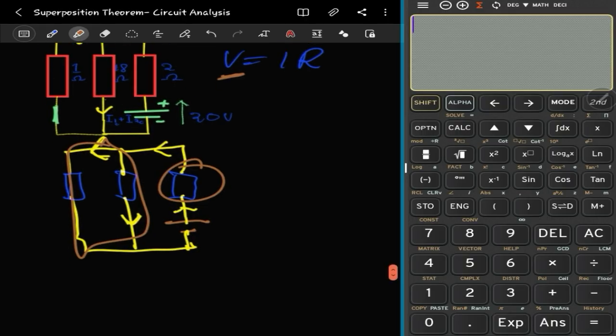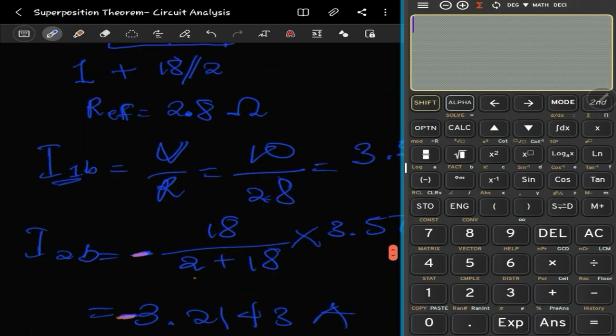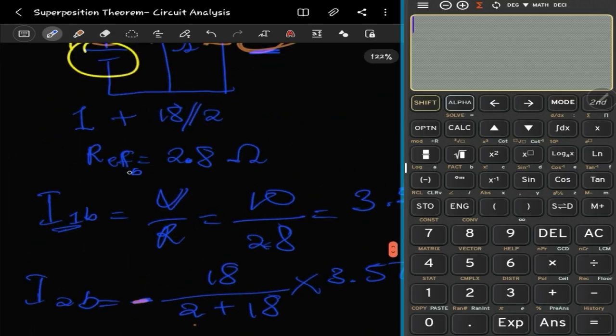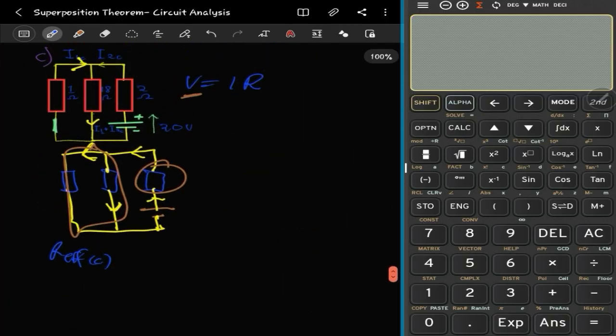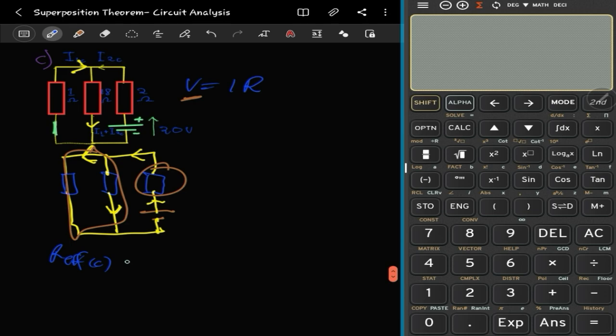Okay. So what this will mean is that effective resistance. Let me qualify this in C. So this one right here should have been effective resistance in B. Okay. Better. Effective resistance in C will be equal to the one in series, which is the 2, right? And the ones in parallel will be 1 and 18, right?